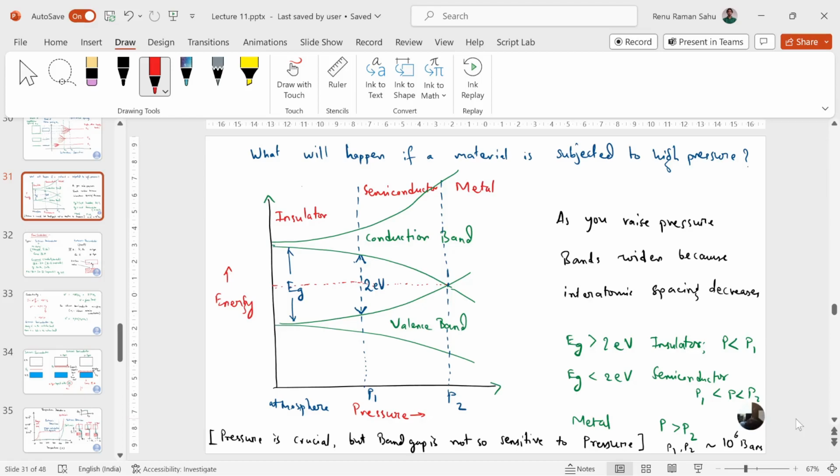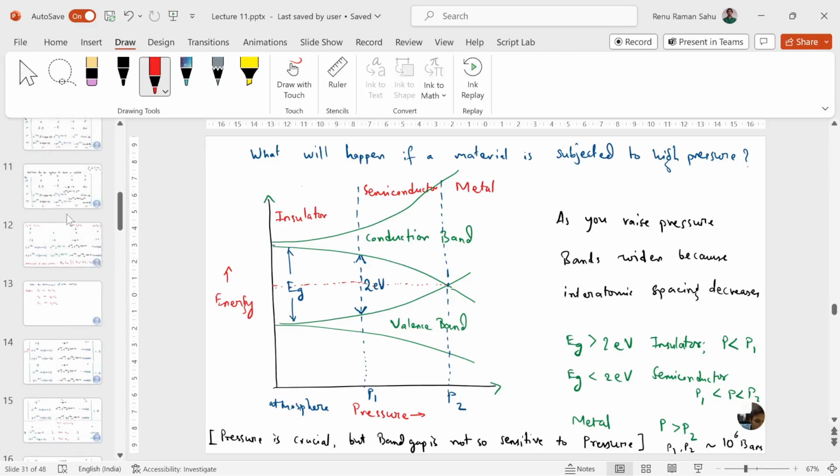That has nothing to do with this particular diagram, it has to do with the Schrodinger equation.